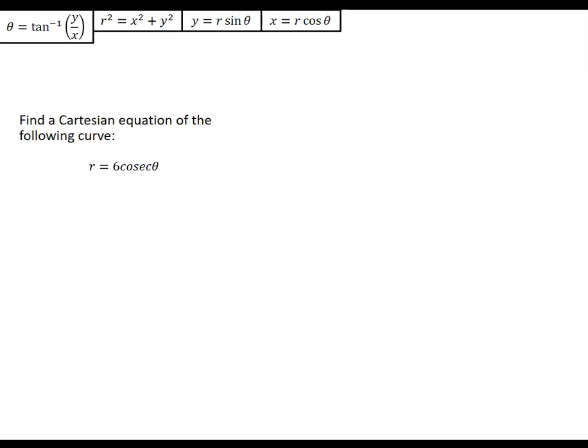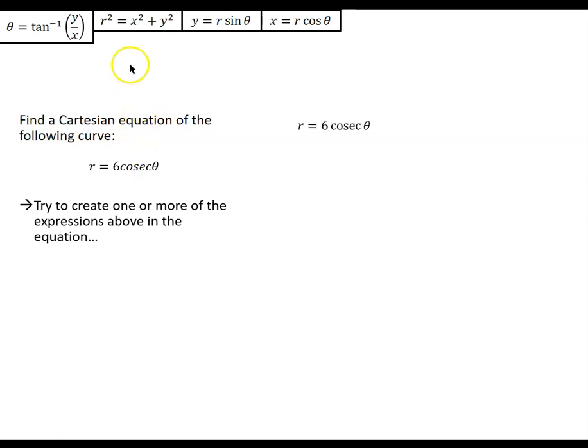So, let's try this one. Remember, I'm aiming for something up here. Let's start by rewriting cosec theta as 1 over sine theta. Now I can multiply both sides by sine theta, and I have r sine theta.